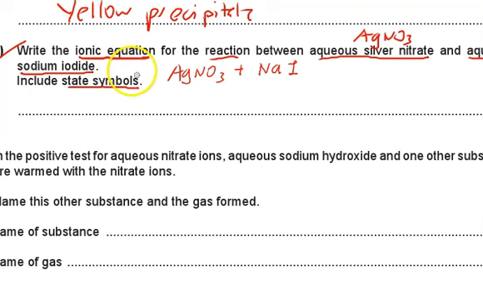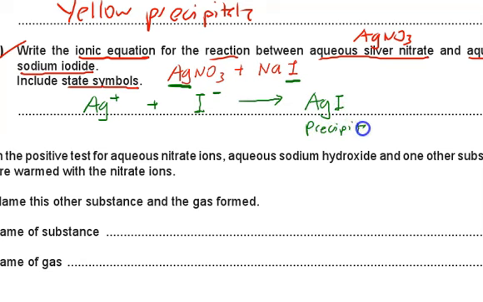We just have to take the ions from the argentum and also the iodide. So argentum we have positive, plus iodide ion we have negative, and it will form argentum iodide. This is the precipitate and this is a solid, because we need to put the state symbol. Both of these will appear as aqueous.